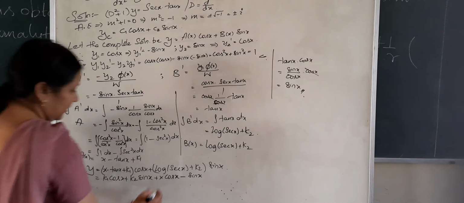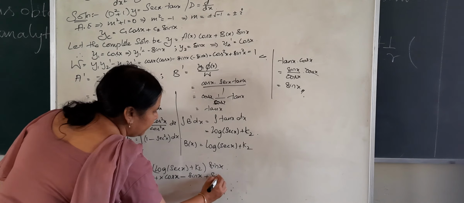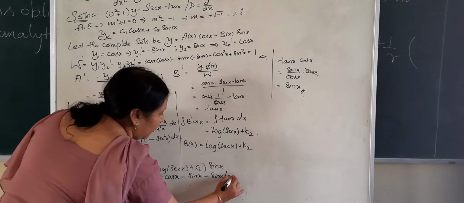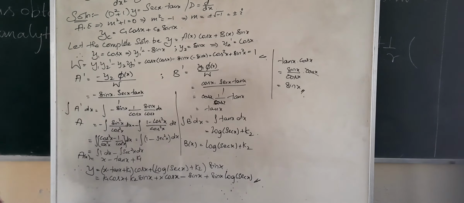Next, the last term here, log secant x into sin x, cannot be simplified. So we can write sin x into log of secant x. This is the final complete solution. Understood, guys? So this is the procedure of finding a complete solution using the method of variation of parameters.